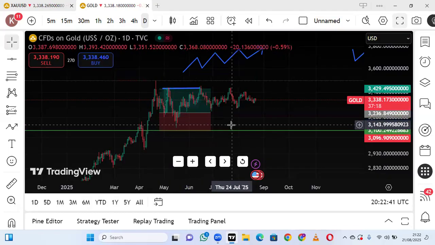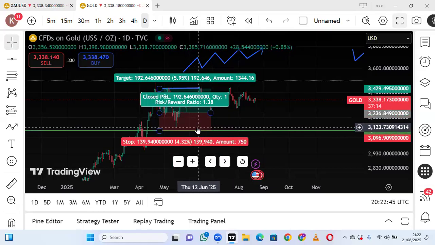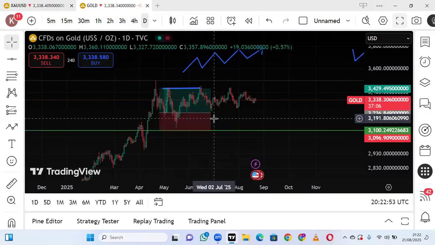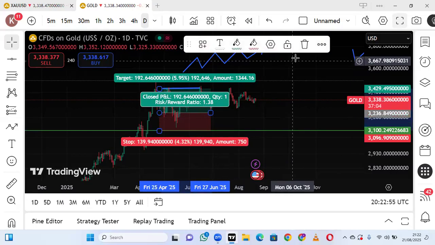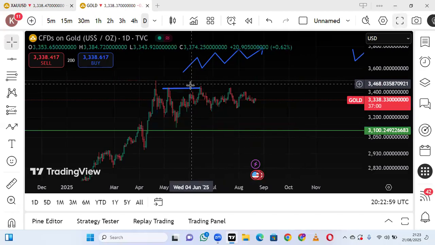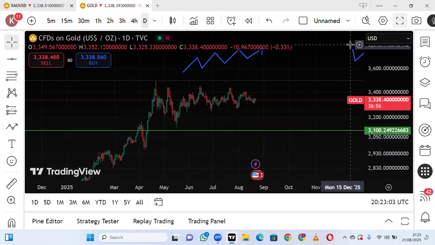I will also narrow it down so that your stop loss will not be very big like this. You will know where to enter after spotting your internal structure. So I will narrow it down for us to see so that you will not just go to 1 day time frame and then enter. No, the market will take you out because your stop loss will be very, very big.